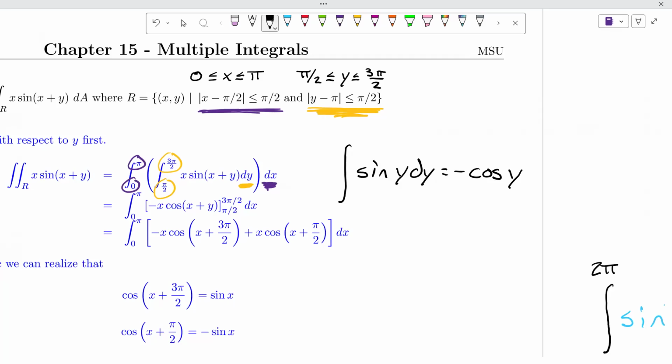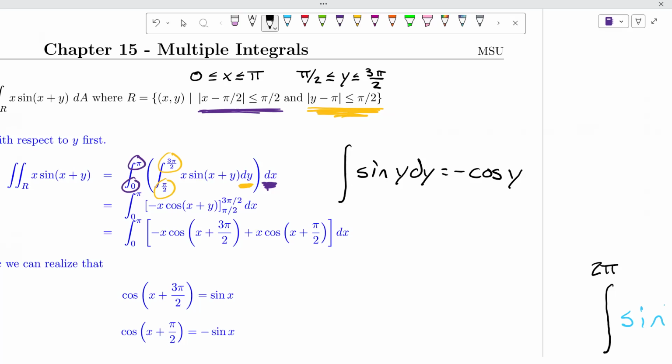I have some extra stuff going on, right? I really have x times sine of x plus y. But since I'm only really focusing on the y parts, I'm not thinking very hard about x as I'm going through the y integral. So I'm really just pretending like that thing is sine y dy. I know its integral is negative cosine y. So I expect my answer to look like negative cosine of roughly y.